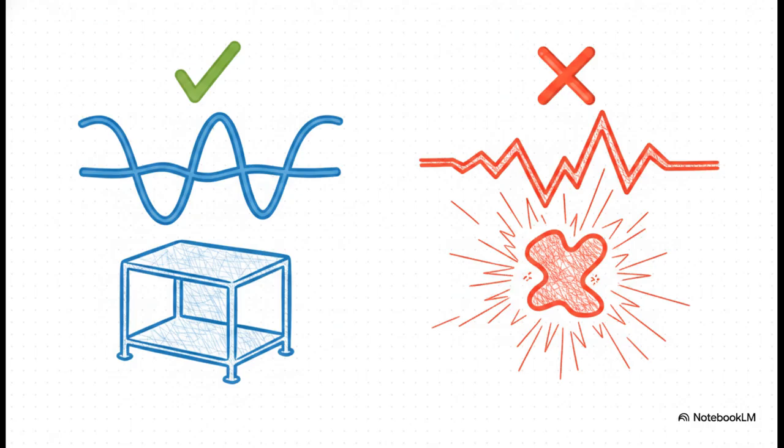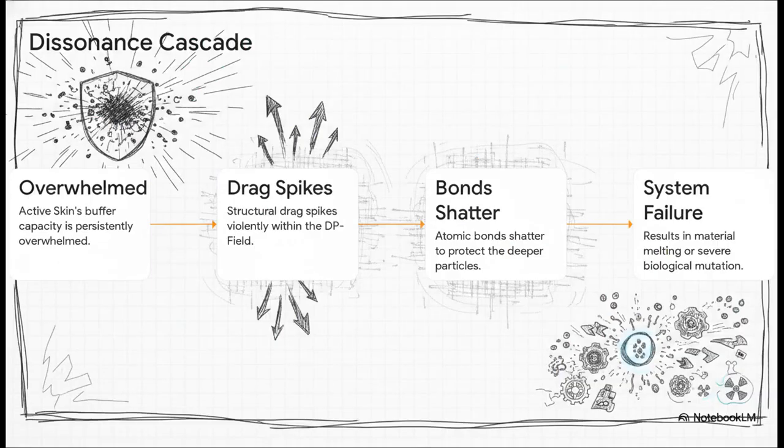But when those frequencies clash, we get destructive dissonance. That introduces topological noise, forcing the active skin to burn excess energy just to survive, which generates some severe localized friction and stress. And you can see how this builds into a disaster. Say a massive solar storm hits. It floods the baseline medium with this aggressive structural noise, completely overwhelming the active skin's buffer.